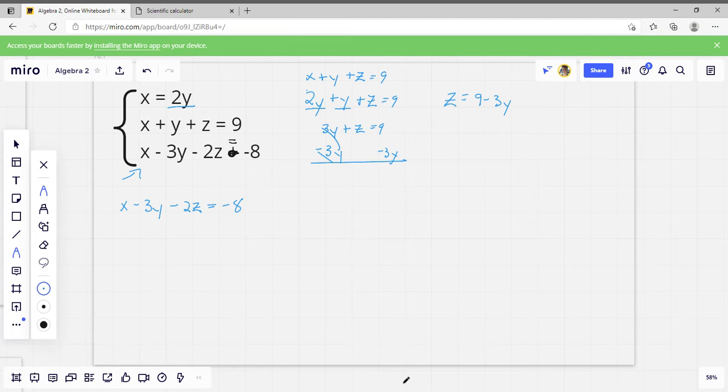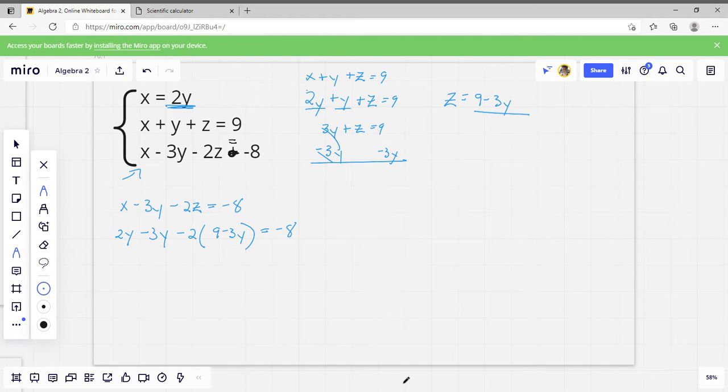So I can put my x value in as 2y, minus 3y, oh, we don't have a y value, then minus 2z, and our z value is right here, 9 minus 3y, equals negative 8. And now I'm down to one variable. The only variable in here is y.